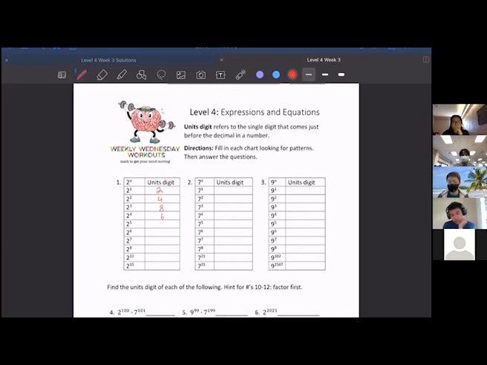And then since we only want to find the units digit, we can just multiply 2 by 6. So we'll get 32, but we only care about the units digit, so it's 2. And does anyone want to figure out what 2 to the 6th power is?